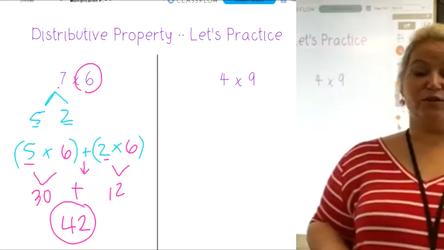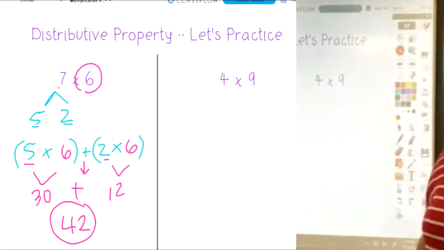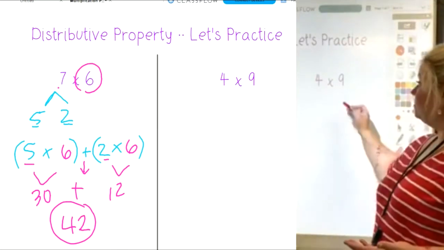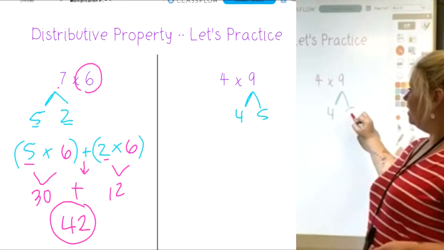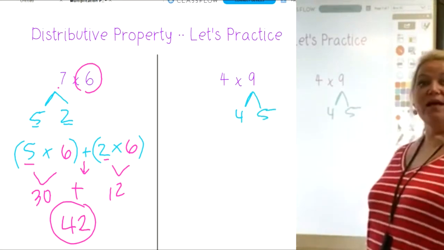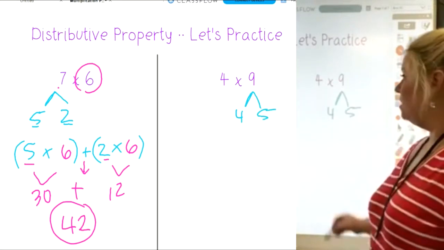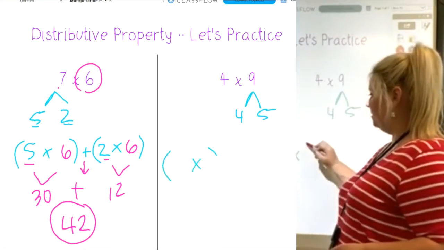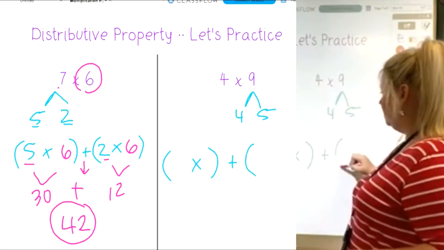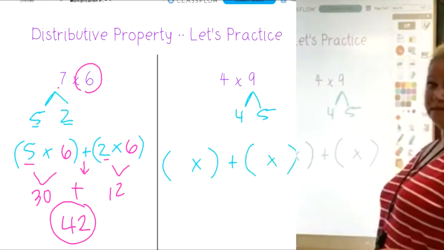All right, so now let's try 4 times 9. Well, I always try to break up my bigger number, so my 9 can be broken up into, let's say, 4 and 5, because 4 plus 5 equals 9. So I'm going to go ahead and draw out my formula, parentheses times parentheses, plus parentheses times parentheses.